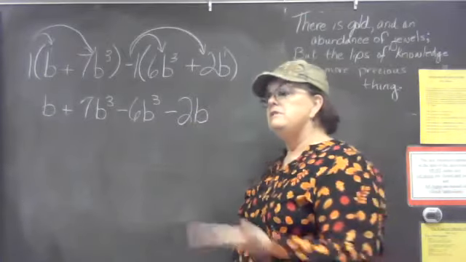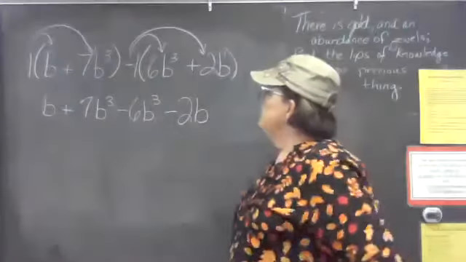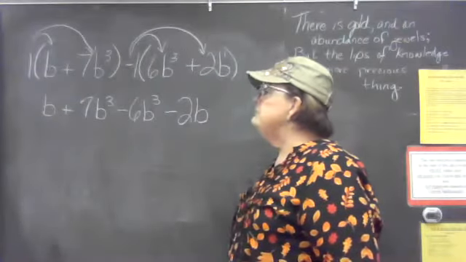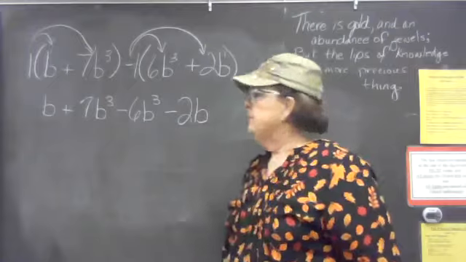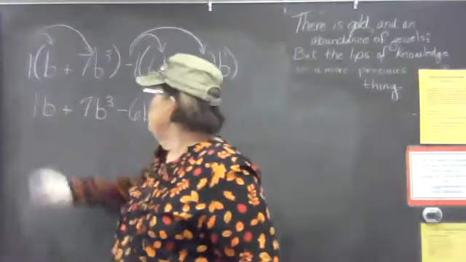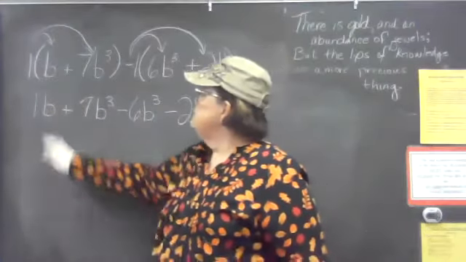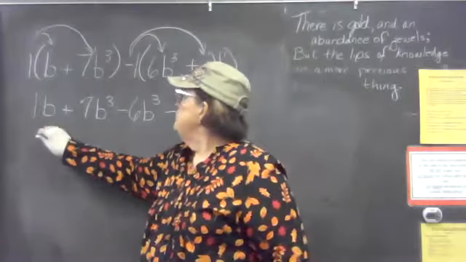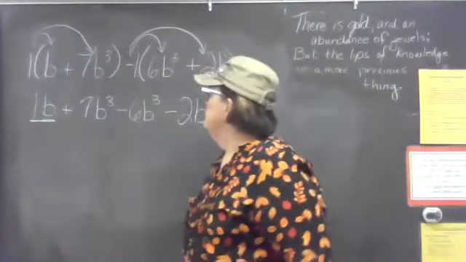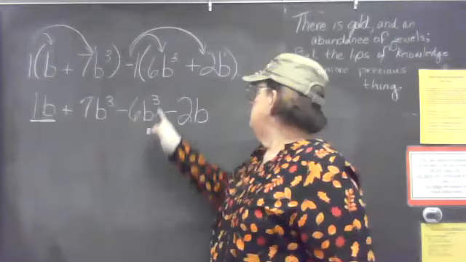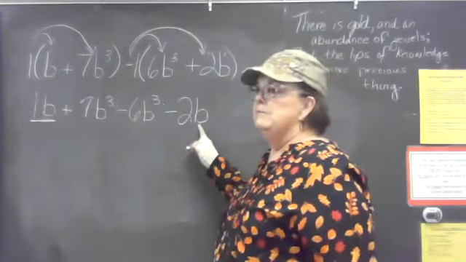Now we've written the entire problem without parentheses, and all we have left to do now is simply put our common terms together. So if I look here, there's one of those, and this is the plain old b, okay? So I'm going to see if there's any other plain old b's. So that's b cubed, no, b cubed. Here's a plain one.